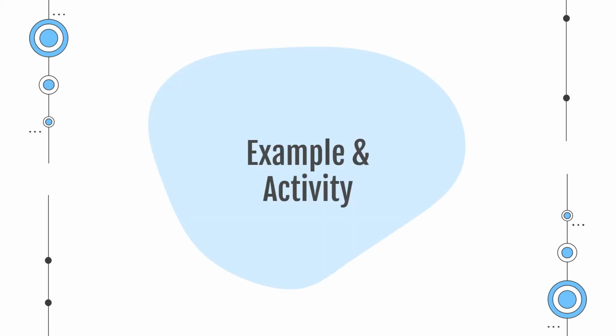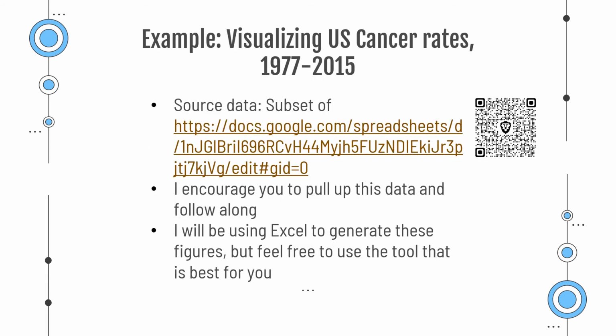All right, so this is the final part of the workshop where we will walk through an example of putting the steps I've been talking about into action using an interactive activity. For this example and activity, I am going to be visualizing the US cancer rates from 1977 to 2015.